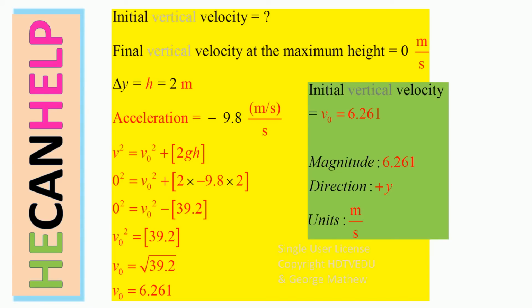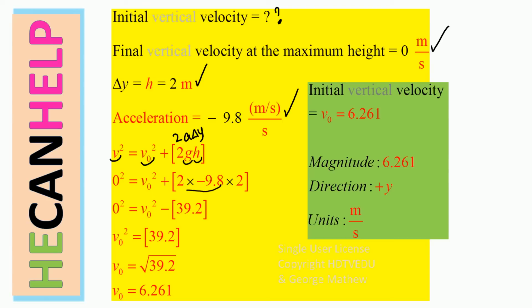So this is what I did. What is the initial velocity? We don't know. So we solve for that. We know the final velocity, 0. We know delta y, 2. We know the acceleration along the vertical, negative 9.8. So go back to v final squared is equal to v initial squared plus 2 times acceleration times delta y. Acceleration is g, negative 9.8, and delta y is h, and that is 2.